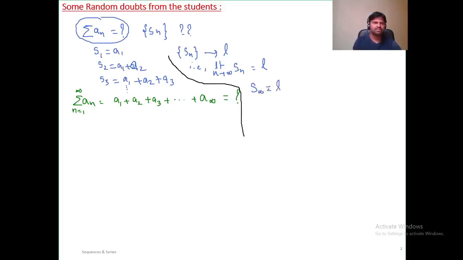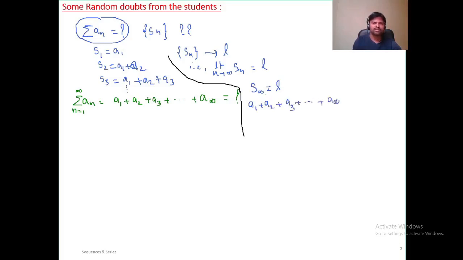S1 means the first term, S2 means the sum of the first two terms, S3 means the sum of the first three terms, and S infinity means the sum of the first infinity terms: a1 plus a2 plus a3 plus, and so on, plus a infinity.